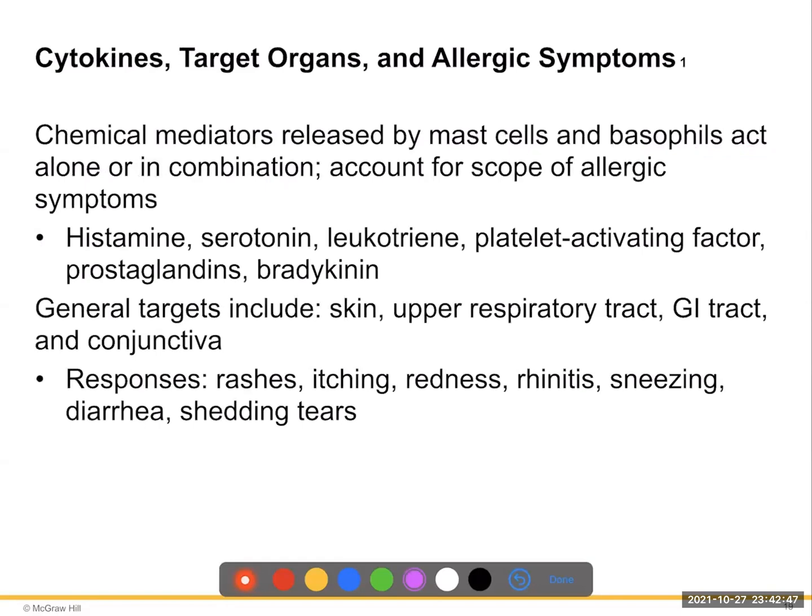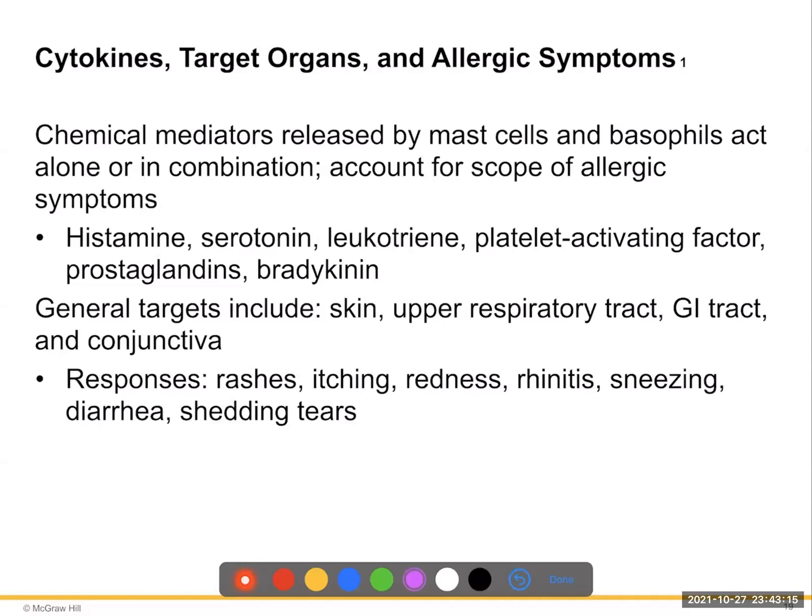So cytokines start working on allergic symptoms. So chemical mediators are released by the mast cells and basophils. They act together or separately, and they account for the allergic symptoms. So what's released is histamine, serotonin, leukotriene, platelet activating factor, prostaglandins, and bradykinin. Okay? These target certain organs, like your skin, your respiratory tract, your lungs, GI tract, and the conjunctiva of the eye.